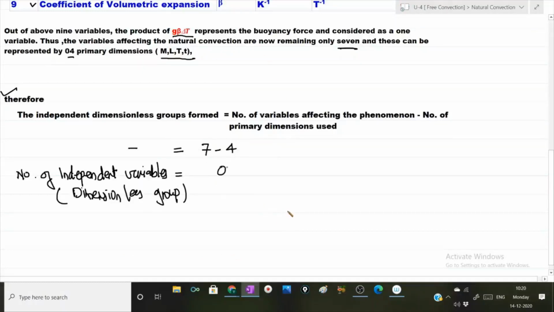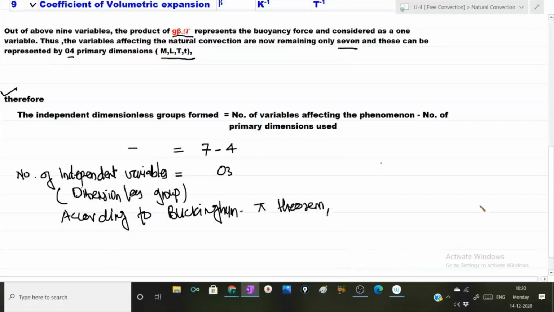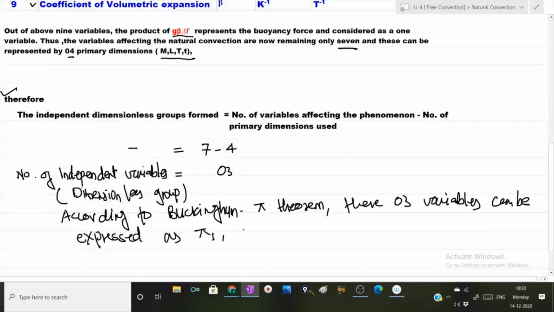There will be a total of 3. So according to the Buckingham Pi theorem, these 3 variables can be expressed as pi1, pi2 and pi3.